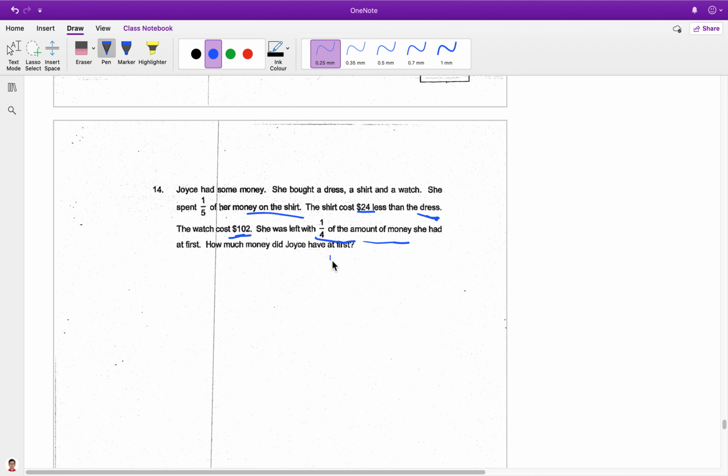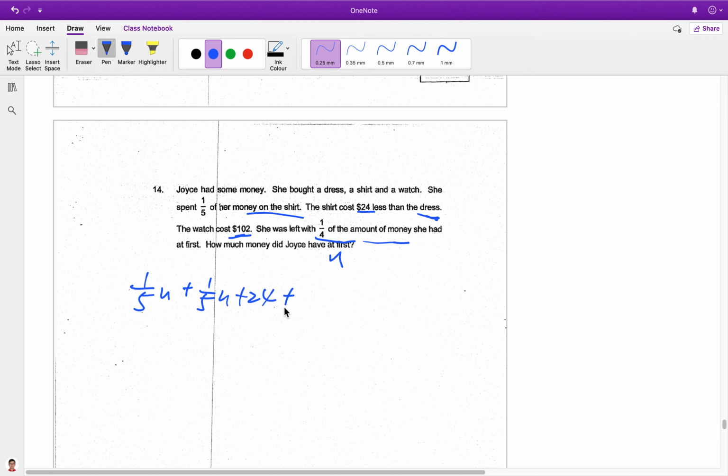Well, this one we just simply assume the total is U. So initially he spent 1/5 of the money on the shirt, so the shirt is 1/5 U. How about the dress? The shirt costs 24 less than the dress, so the dress is 1/5 U plus 24.